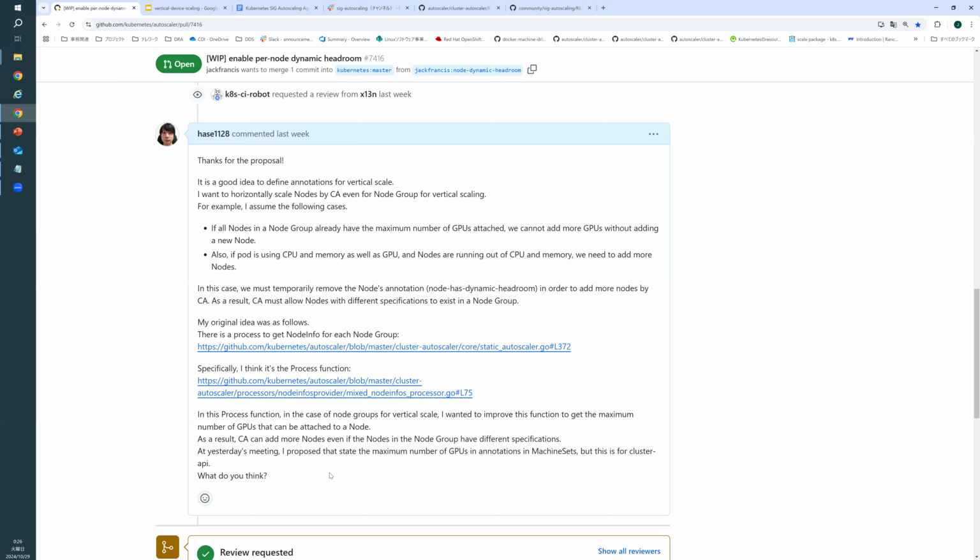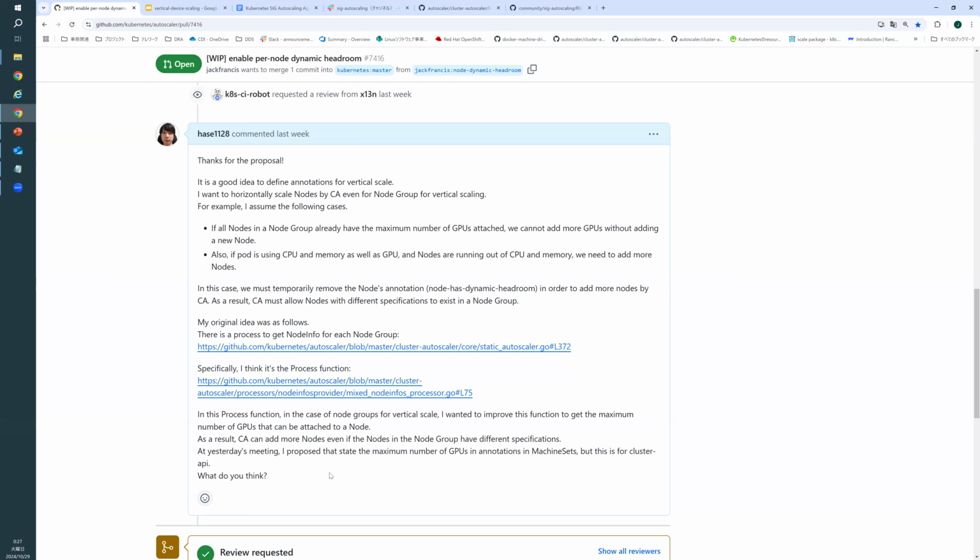Okay, yeah, DRA is related to this idea. My current understanding is that the DRA scope is where the GPU has already been attached to the node. Current DRA does not manage the outside of the cluster.